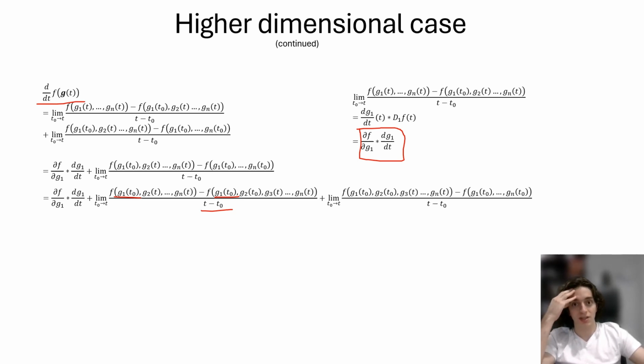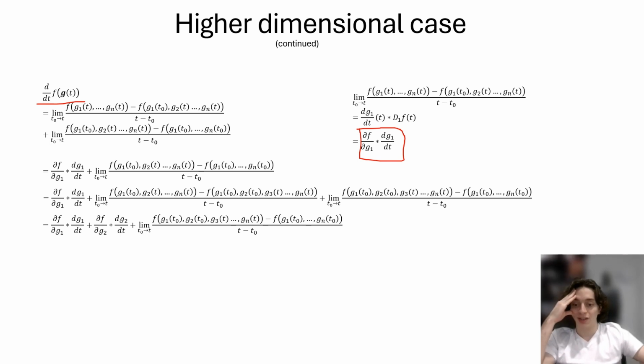It doesn't make a difference. It ends up evaluating to the same thing. And so following the exact same process as before, we end up with this here now. We get the partial of f with respect to g2 times the derivative of g2 with respect to t. And here the partial of f with respect to g2 is evaluated at g of t, that vector. And then we get this chunk over here.